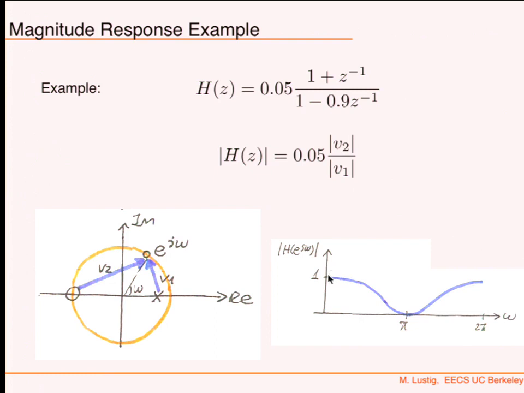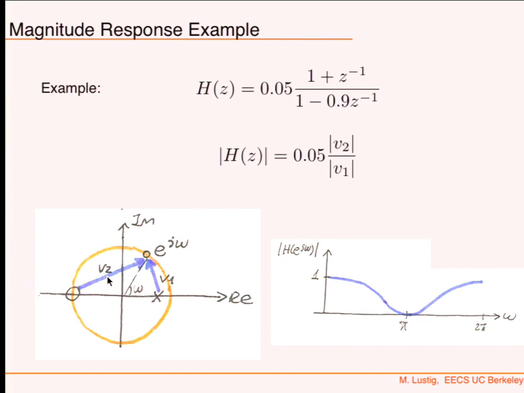So I have a frequency response which looks like this, which is in fact a low-pass filter. That's right, this is a low-pass filter. It passes low frequencies and attenuates high frequencies. You can also see that from the frequency response, where this is attenuated and this is amplified.